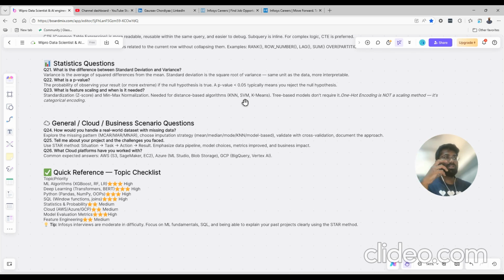We cannot give that data directly to a distance based algorithm. If we do, it will take more time for the computation, and it will also bias the result.